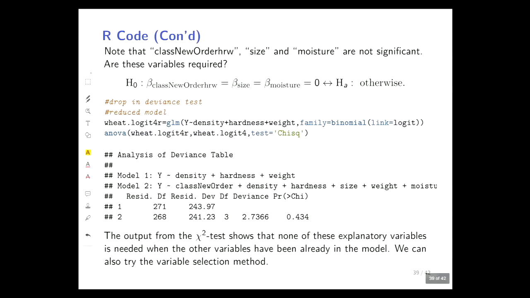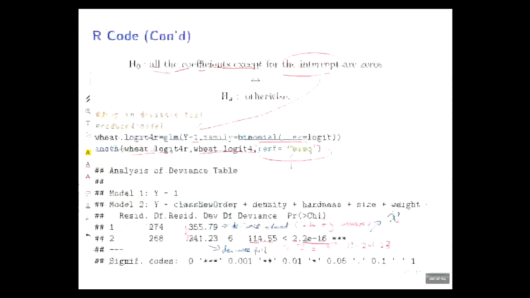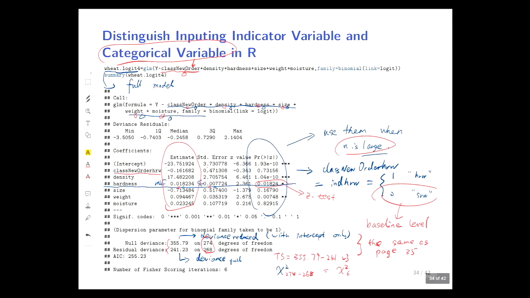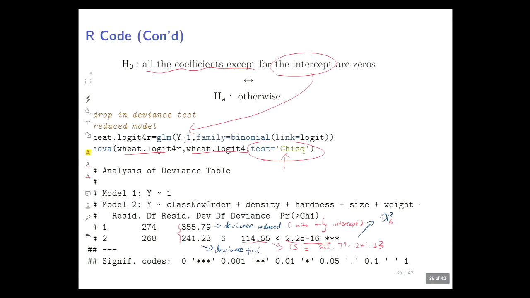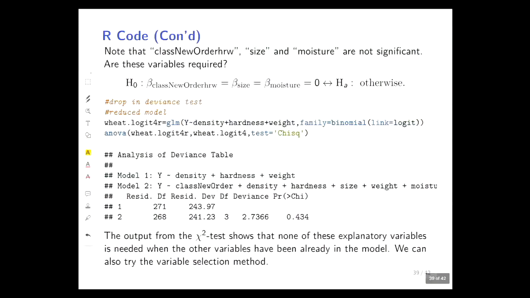And also, if you look at the summary output, you can find that there are 3 variables which are not significant: the class, new order, and the size, and also the moisture. So naturally, we are interested in testing whether or not these 3 variables are required.